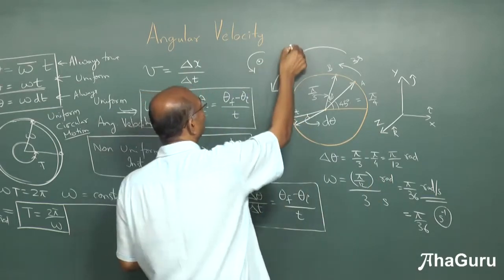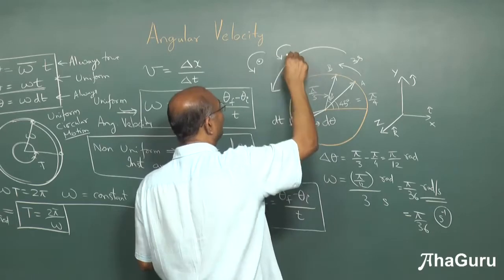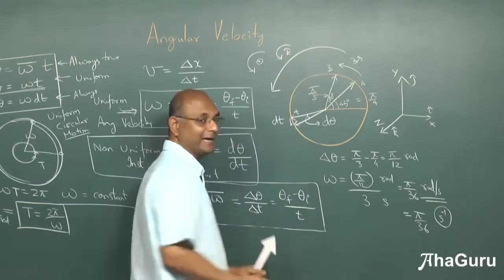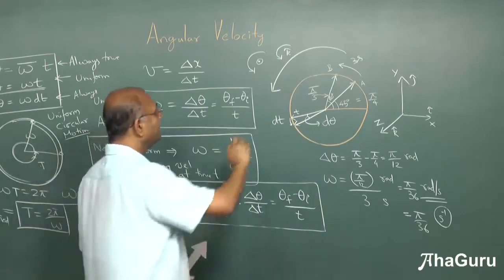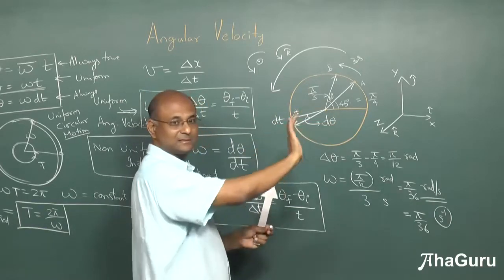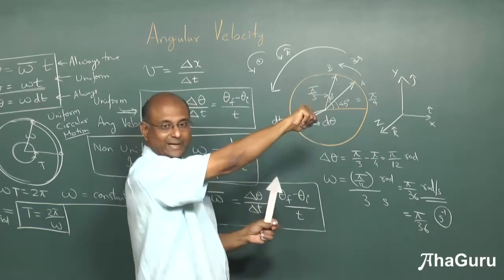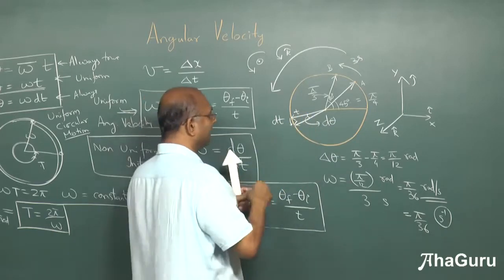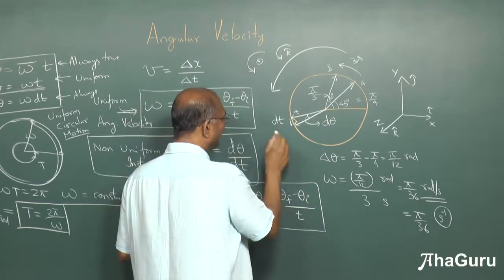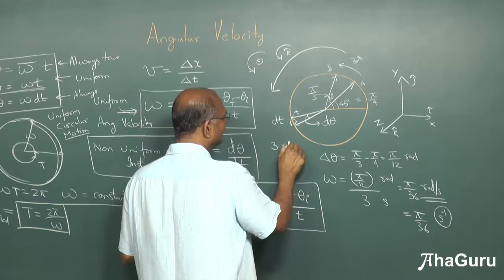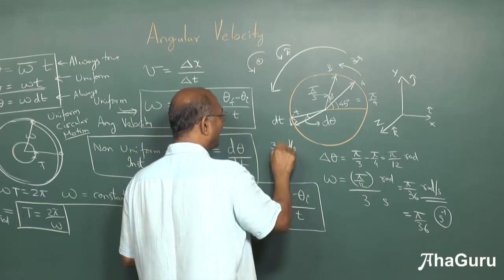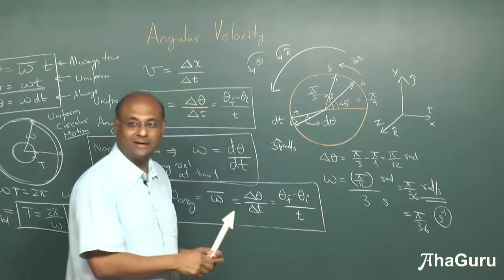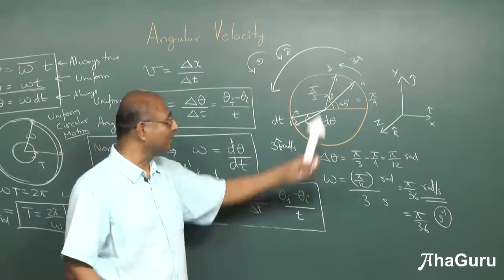So we will write that if it goes like this, anti-clockwise, it is k cap, omega in the k cap direction. If it is going in the other way like this, look at my thumb, it's pointing in, so that would be minus k cap. So if I tell you that an object has 3 k cap radians per second, is it going clockwise or anti-clockwise on the board?